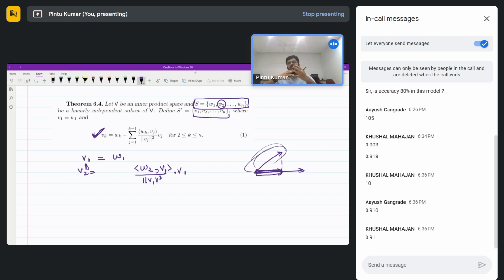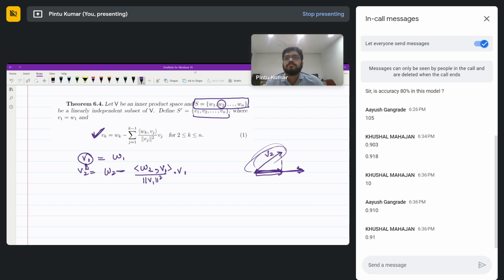Subtracting means you don't have anything left in this vector that is inclined along the direction of v1. So if you subtract this projection from your w2, whatever is left is orthogonal to your v1.